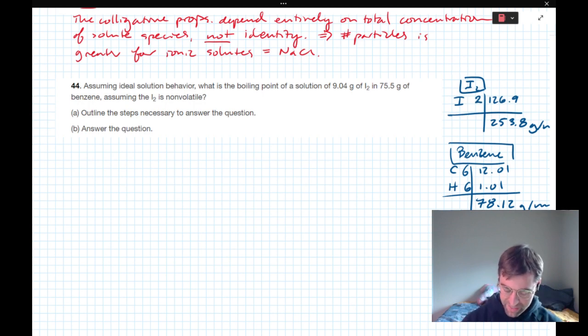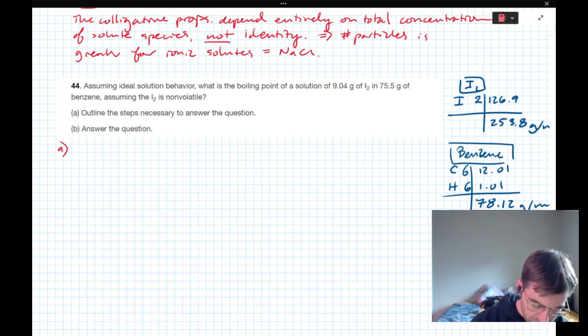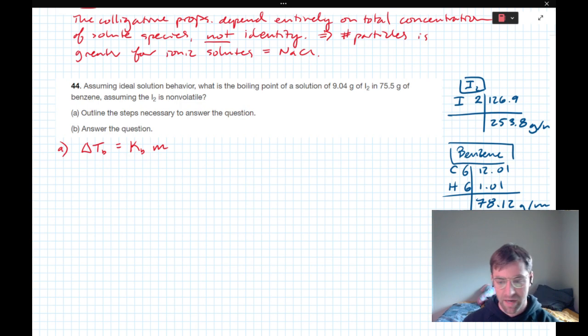Off to the right here, I've already calculated our molar masses for the benzene and the iodine in question. But the formula that's important here is this one. The change in boiling temperature is the quantity of some boiling constant times molality, which is that moles of solute per kilogram of solvent again.